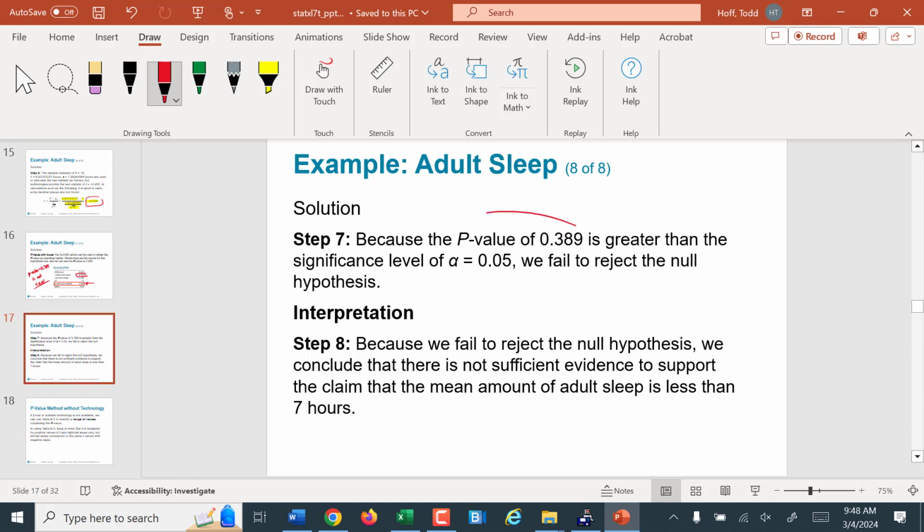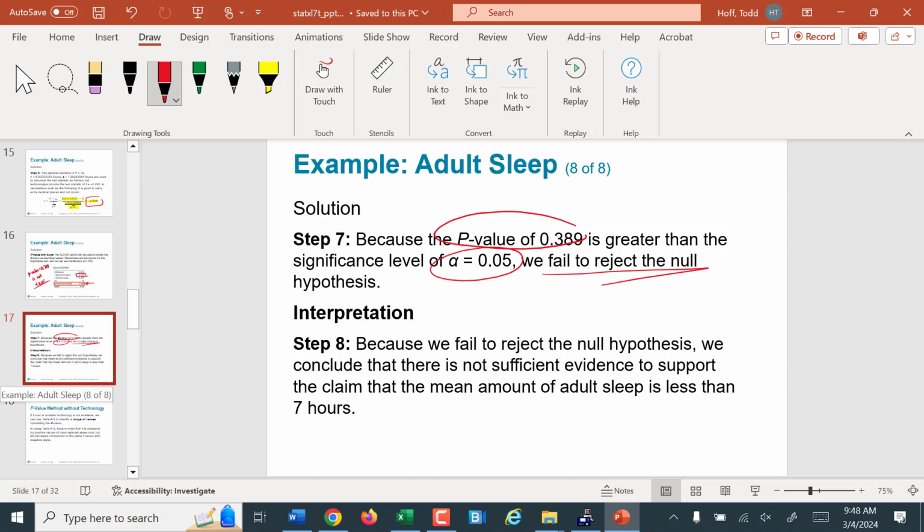So because this p-value of 0.389 is greater than the level of significance of 0.05, we do fail to reject, which means we do not have enough evidence to reject the idea that people get at least 7 hours of sleep a night on average. Basically, we're saying even though our sample mean was less than 7, it's not far enough down that we can rule out the fact that we just happened to randomly select people that get a little less hours of sleep in a night.